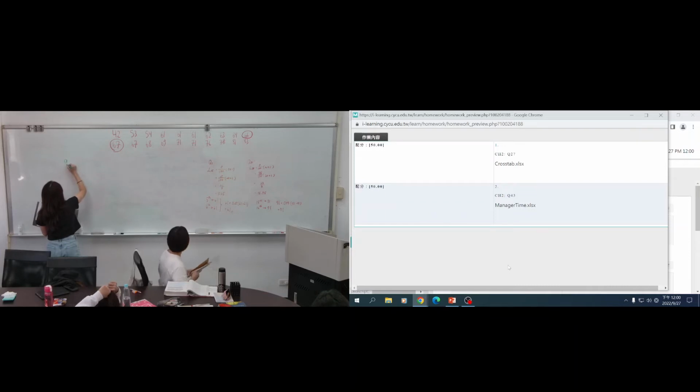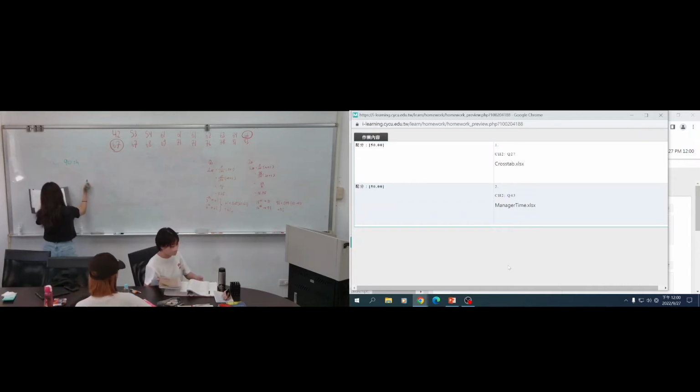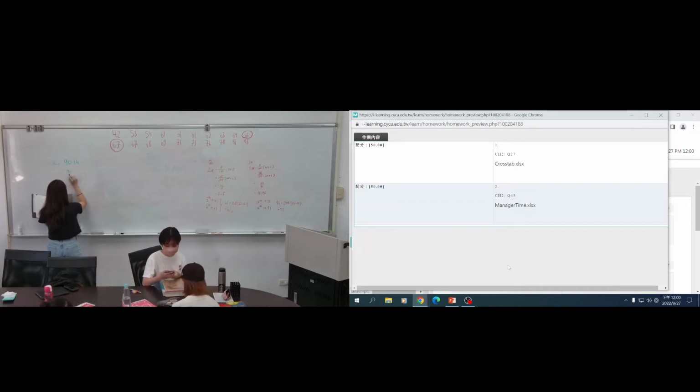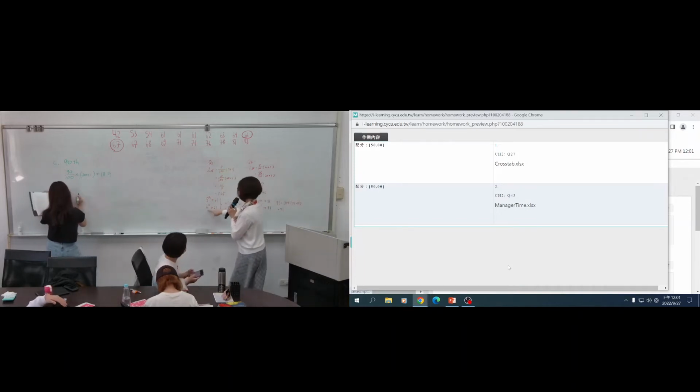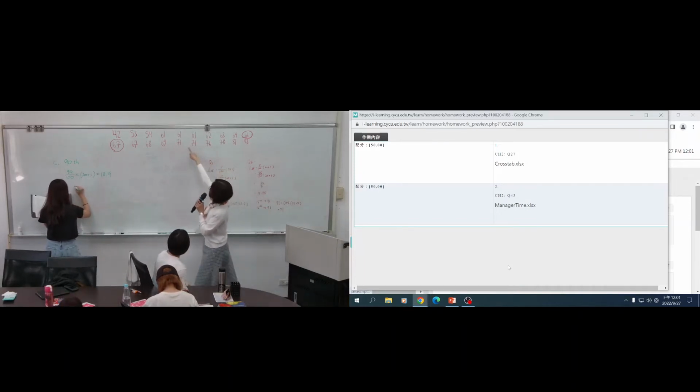The first quartile is the 25th percentile. We divide 25 by 100, and the sample size is 20, multiply by 21, which is 21 over 4, 5.25. That's the position. So we find the fifth and the sixth value. The fifth is 61.